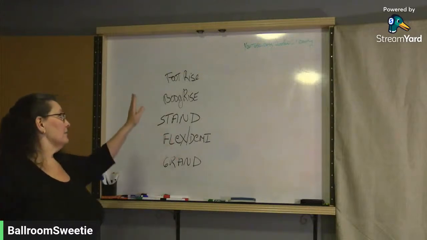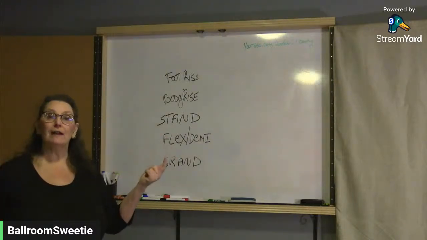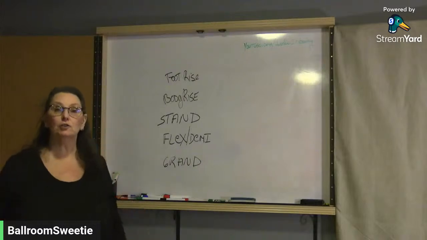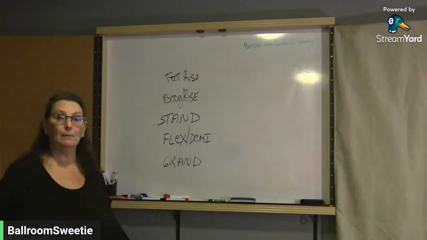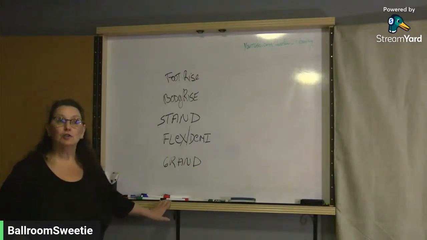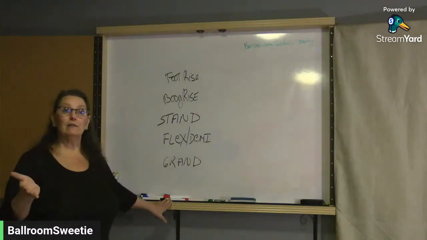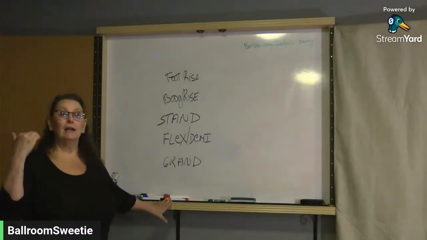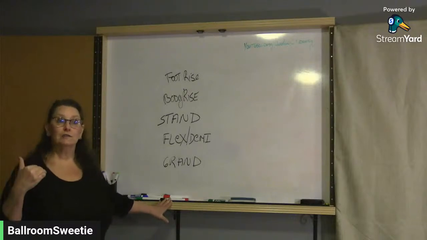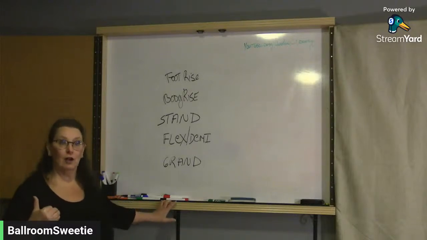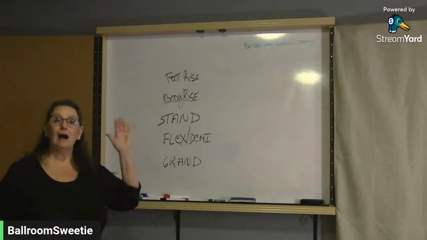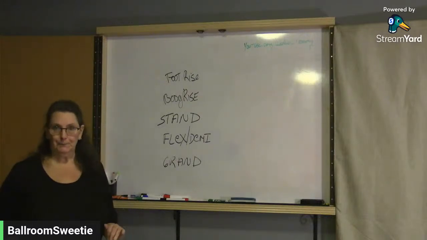And then we have foot rise, which is like releve in ballet, where you're going to push fully into your toes and come up. So you push way up into your toes, and that's your releve. So you have your releve, your body rise, your standing, your flex, and your grand. So we have 5 body levels we're using.